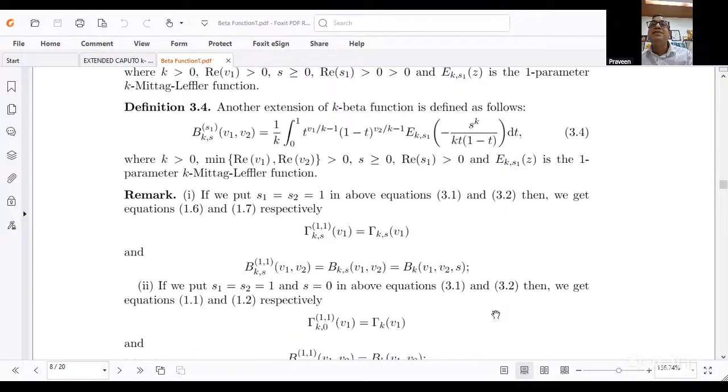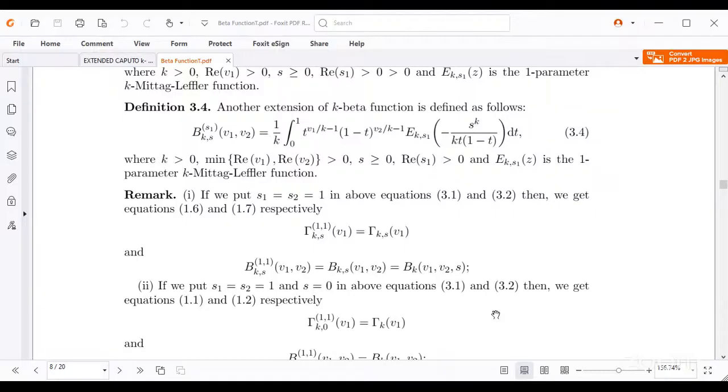And that is the motivation for this extension of the k gamma and k beta function. As I mentioned, when we used the numerical Gaussian method and calculated the analysis, we required this modification to reduce the error. Basically, this is the main motivation, and the main reason we have modified it.